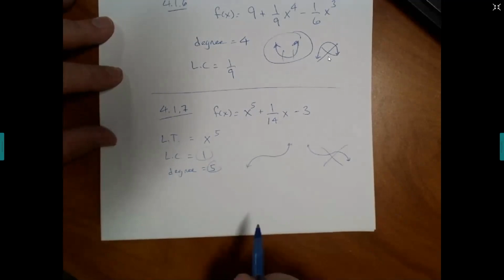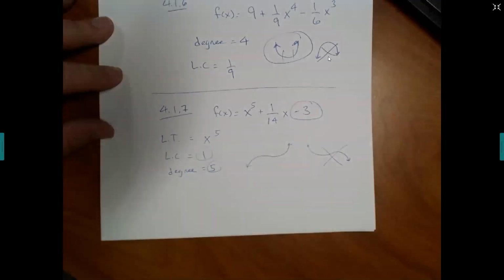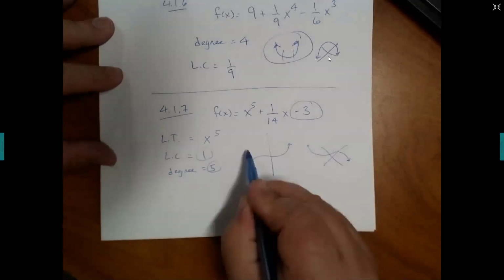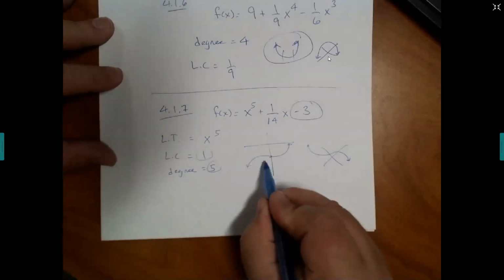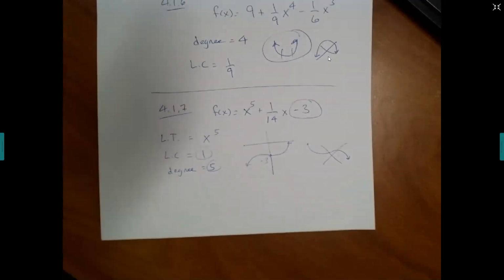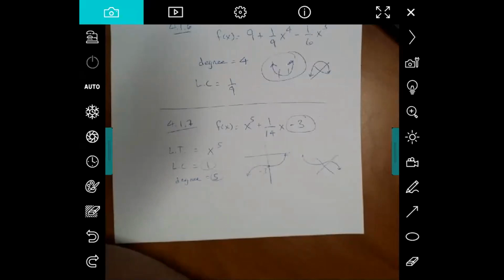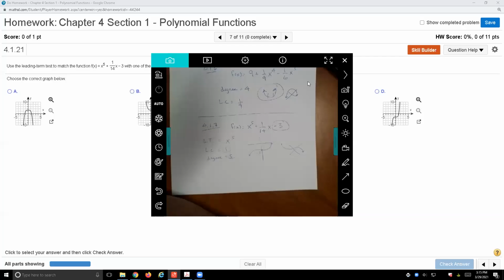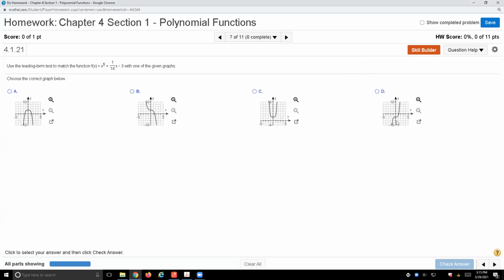But this is important. It has to cross underneath the x-axis. So if we switch over, we have this one.